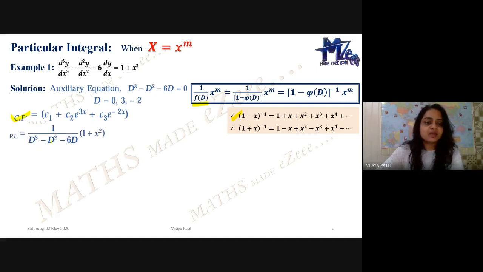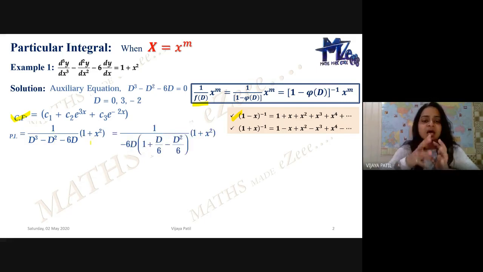What about PI? PI will be 1 upon f of D on this function, 1 plus x square. And how will this be? Now we'll observe here, we wanted to express this D cube minus D square minus 6D as 1 minus phi of D. How will that 1 come out of this bracket?